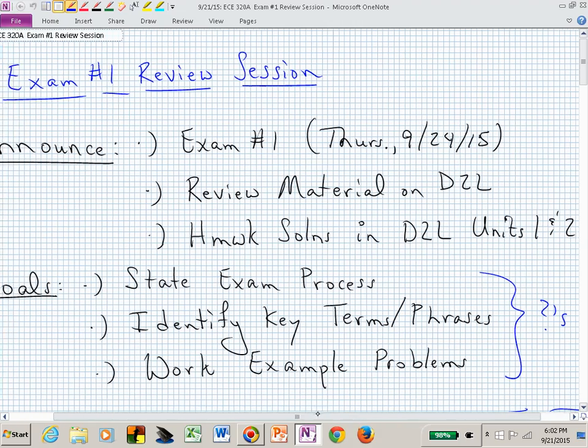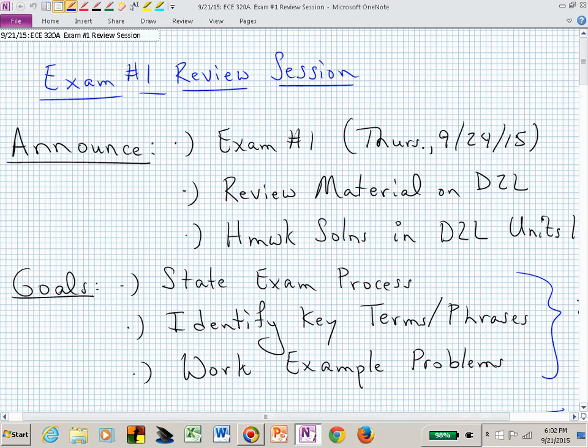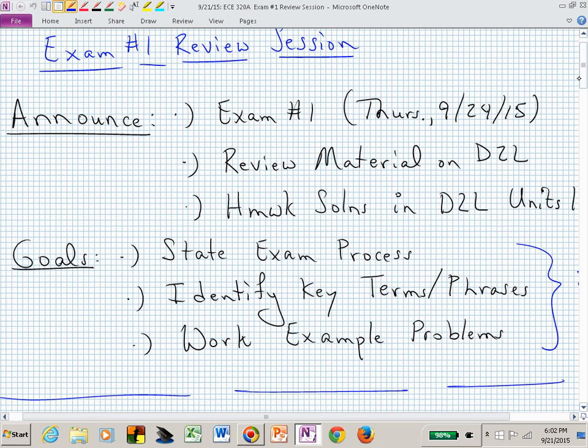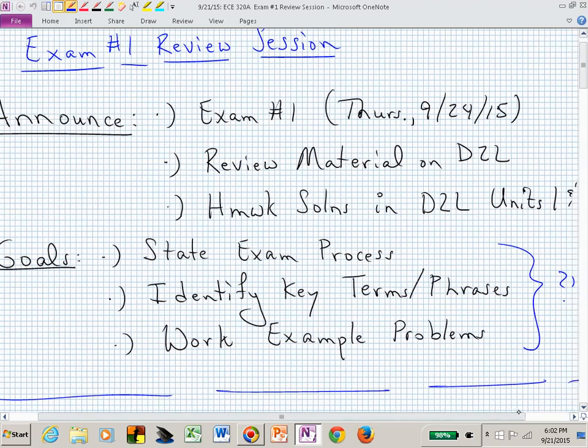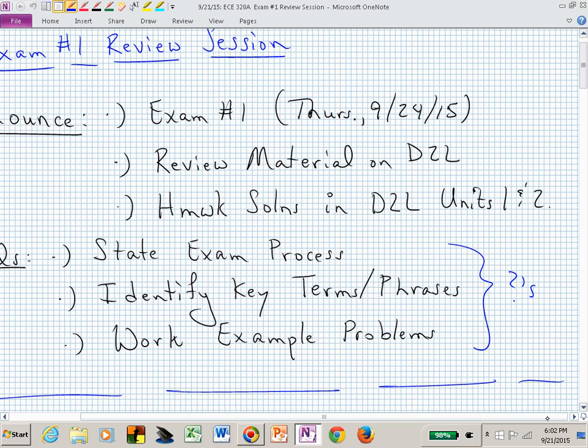Tonight what I want to do is first state the exam process, then identify some key terms or phrases. When you're reading these problems, you might want to become alert to certain phrases or words that you might want to keep track of, and then we will work as many examples as we can.